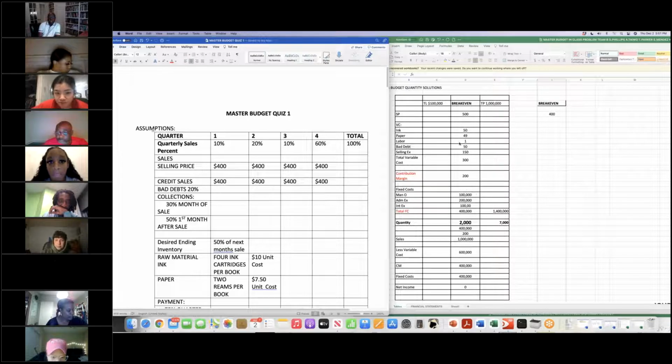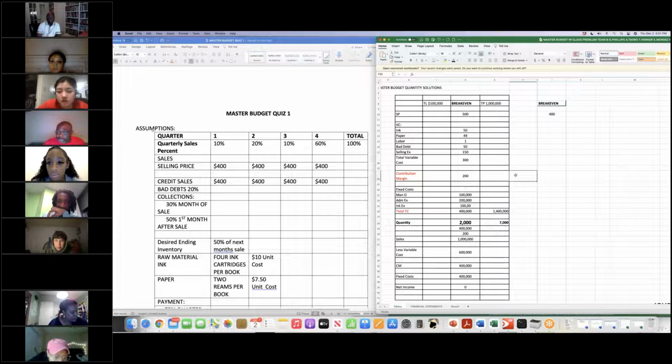Now, we said that once we put the selling price in all problems, we got to put the ink, the paper, the labor, bad debt, and selling expense. We got to get all of that on a unit basis to get our total variable cost. And our contribution margin is always selling price minus variable cost.